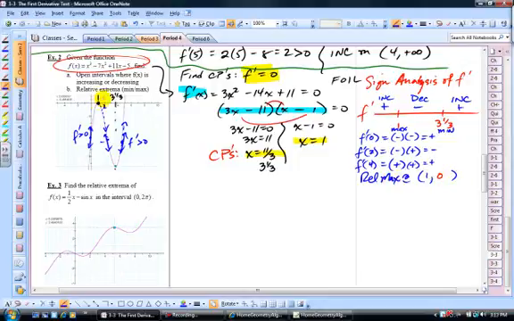It's right here. And then you're going to have a relative min at 3 1/3, comma something, and that something is found by substituting that into the original function. Okay, and you got to do that.